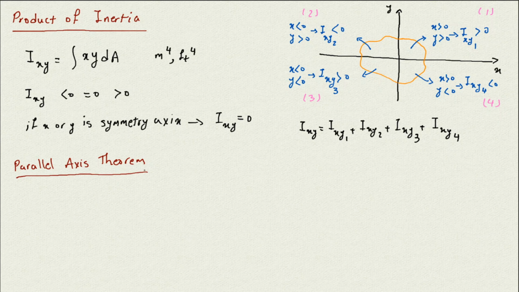The parallel axis theorem, or the method we can use, says that if we have, again, assume I have an x and y axis, and then I have a cross section here.